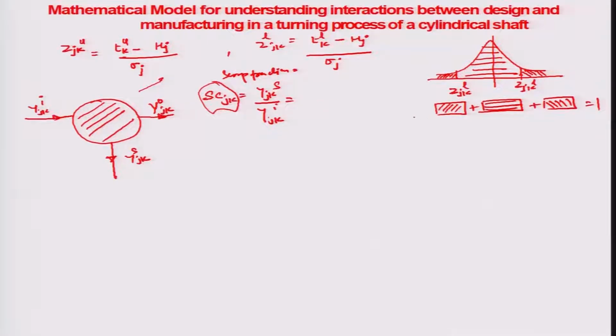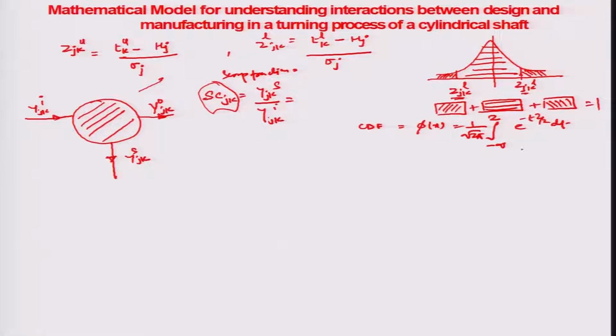So, basically we would look at the area under the curve up to the Z variate here, which happens to be the cumulative distribution function, CDF, which is 1 by root over 2 pi, integral from minus infinity to the value z, z could be either this value or this value, e to the power of minus t square by 2 dt. That is how the scaled distribution would work.